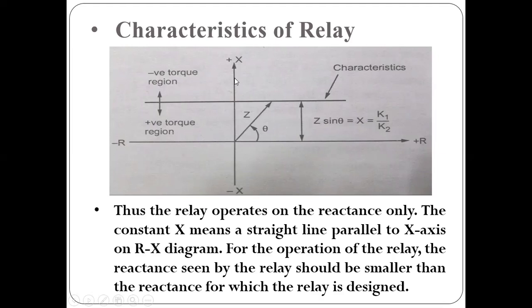This diagram is called the R-X diagram. For the operation of this relay, the reactance seen by the relay should be smaller than the reactance for which the relay is designed. So this is all about the reactance relay. Thank you.